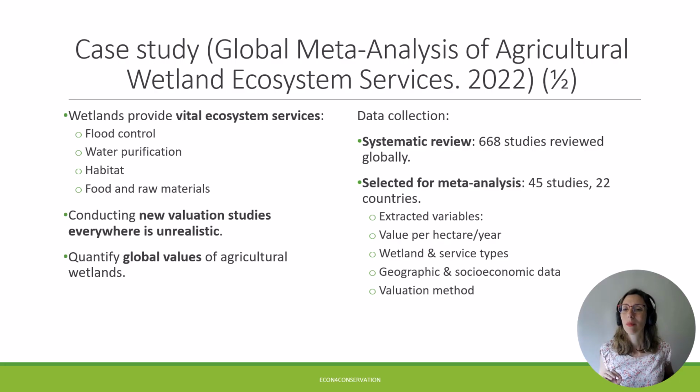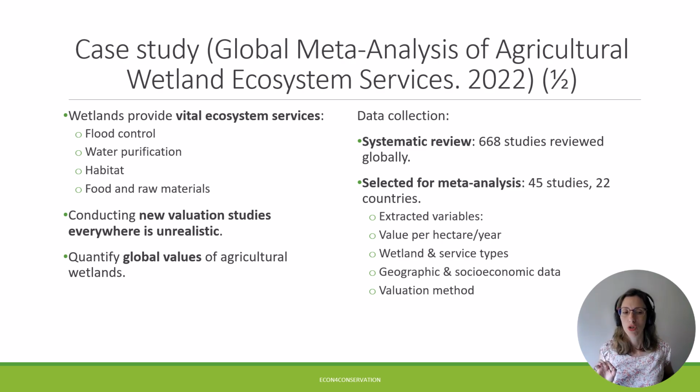They started by conducting a global systematic review, searching hundreds of valuation studies published over several decades. They identified 668 relevant studies on wetlands and narrowed this down to 45 studies from 22 countries that had the right data for meta-analysis.